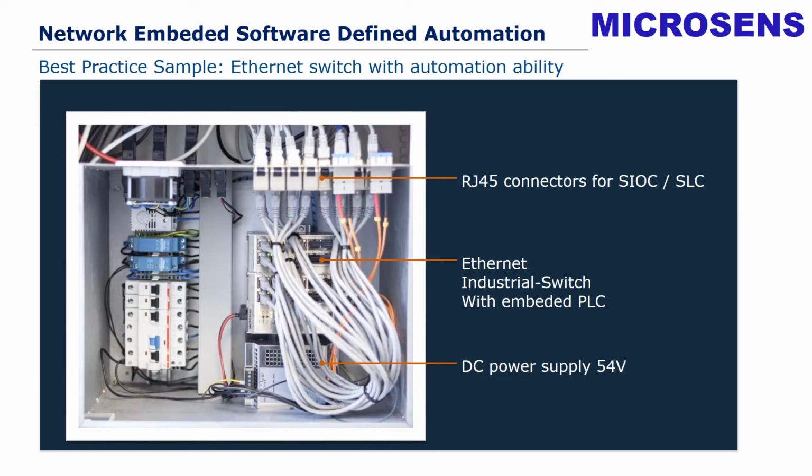So next example or best practice sample, I mentioned before that we reduced the usage of hardware and cabinets. Here we have a standardized cabinet with pre-cabled devices. We see here the power supply. We see a PLM with his extension devices pre-wired on RJ45 connectors.